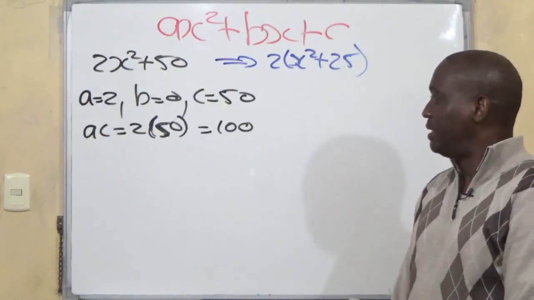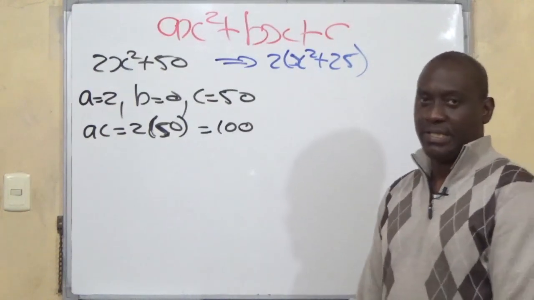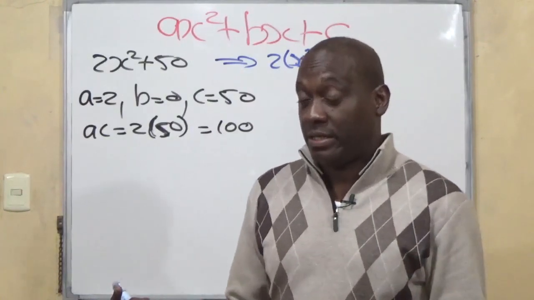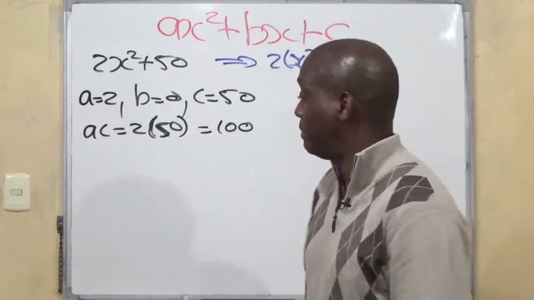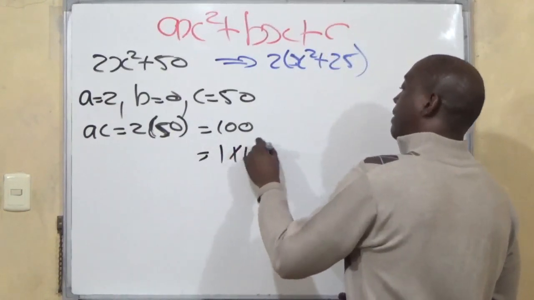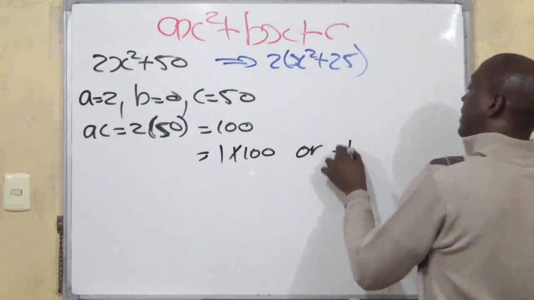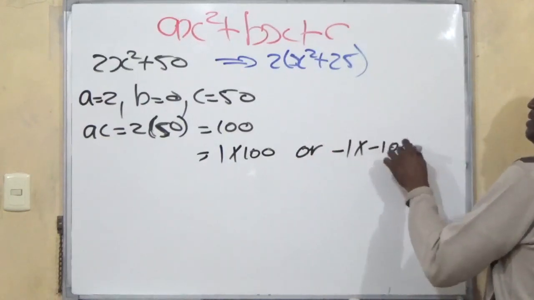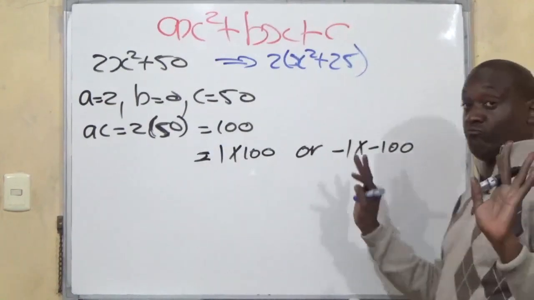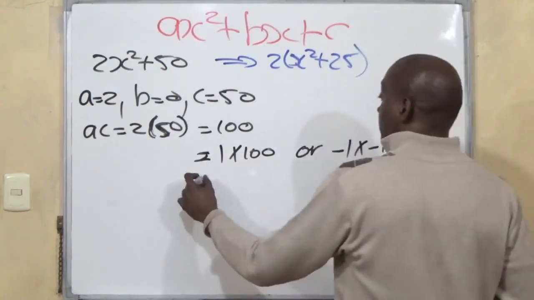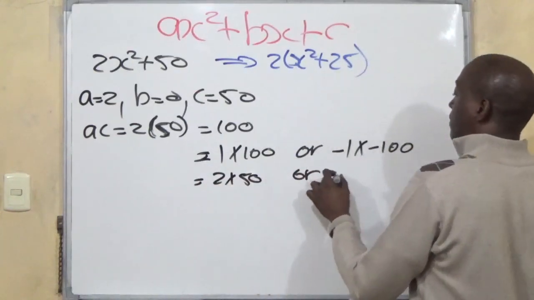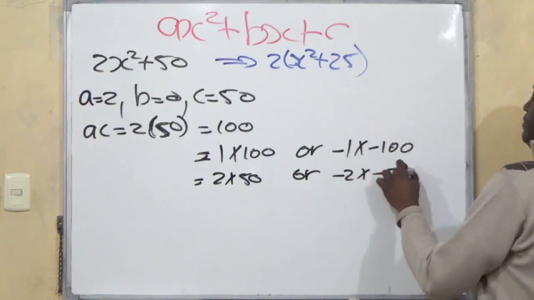The problem is that because this is positive, we only have 2 variations where the factors are concerned. So you have positive multiplied by a positive, or a negative multiplied by a negative. We discussed that. The initial factors and the mirror. 2 by 50, or minus 2 by minus 50.